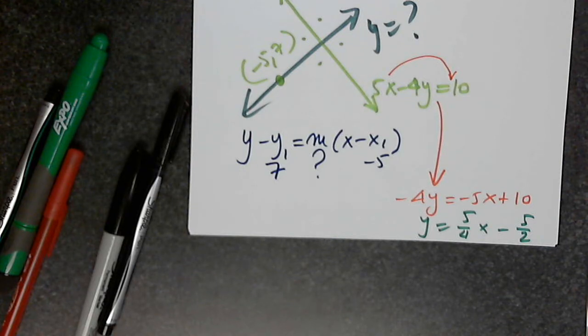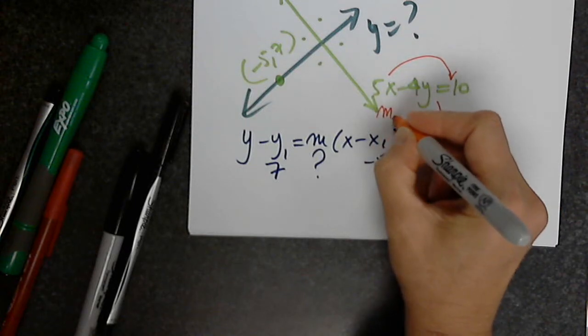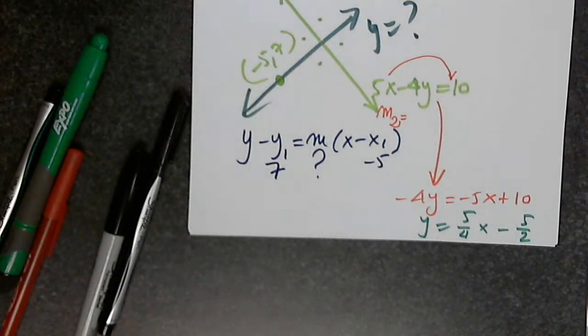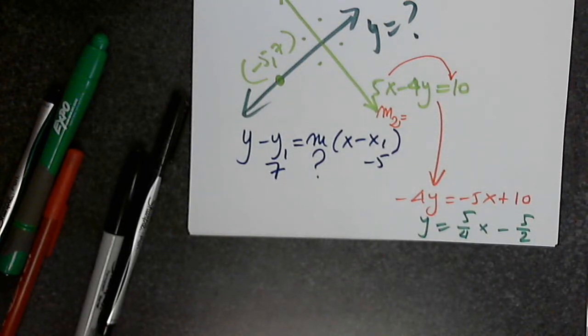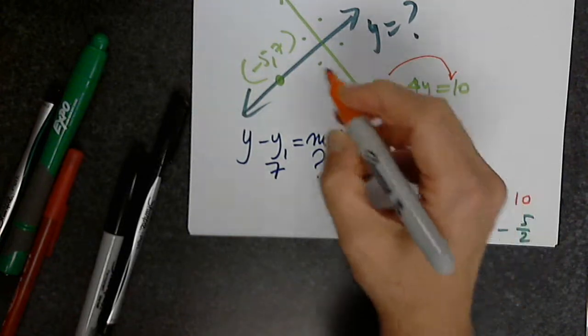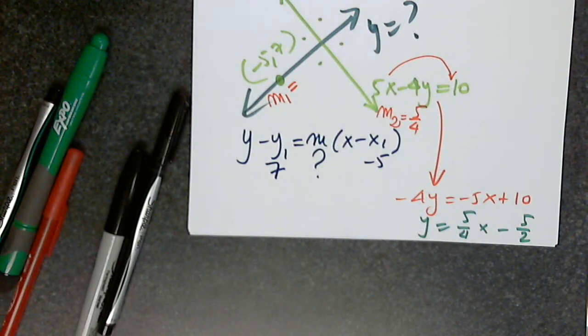Okay, so I solved the given equation for y because I wanted to find the slope of the given line. So I'm going to call this m2. So how much is m2 then?